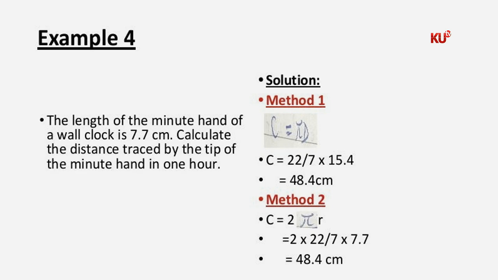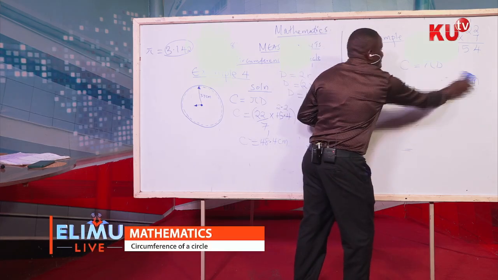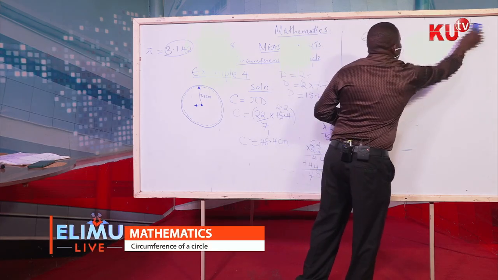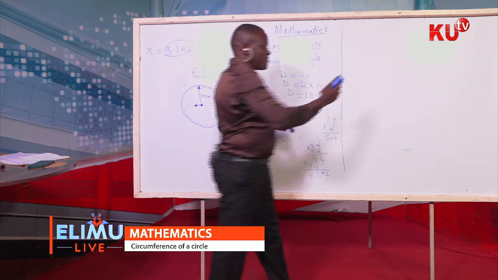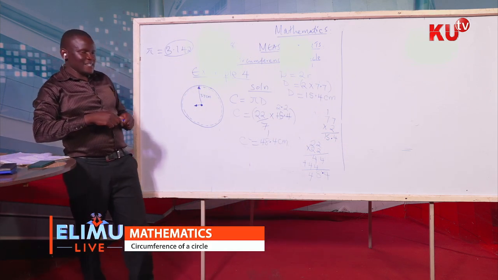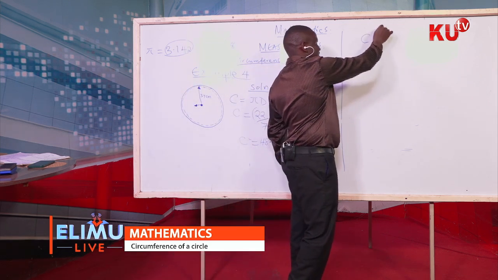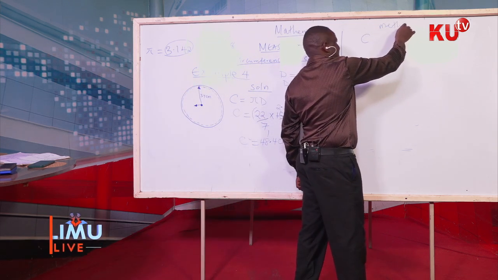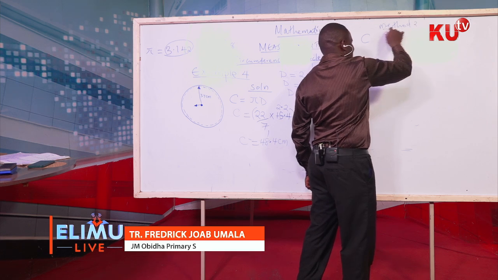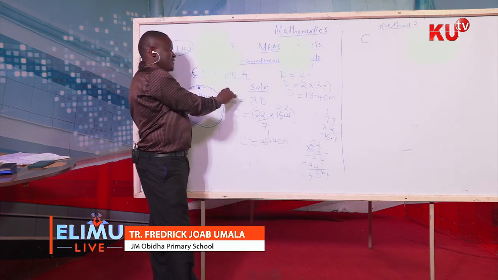Or you can as well calculate the circumference using another formula, given that you are given the radius. Let's treat this as method 2, and treat the first one as our method 1.